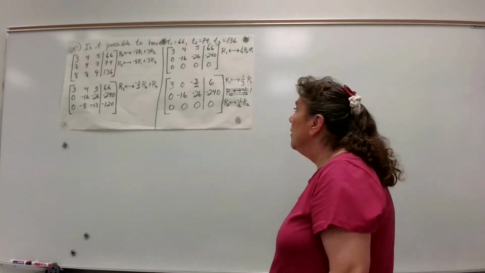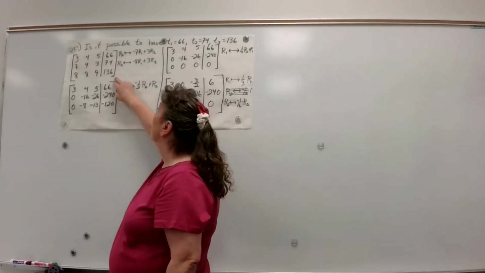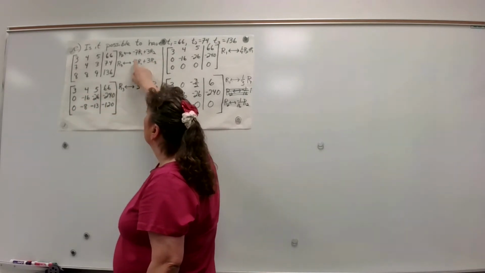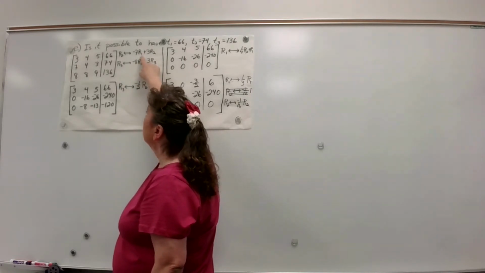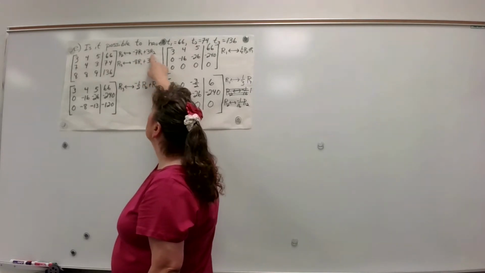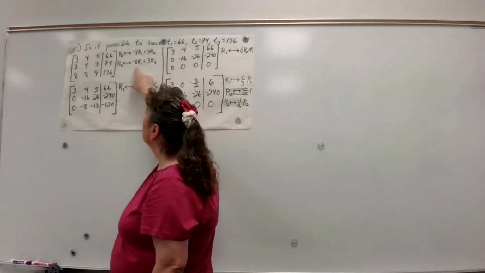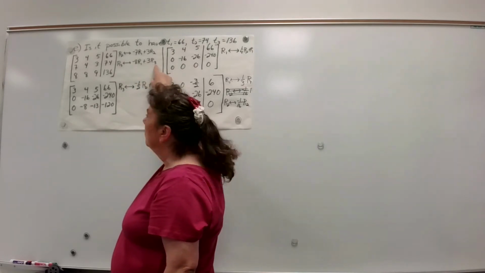Okay, so first of all, we're going to put it into an augmented matrix. Then I'm going to take that augmented matrix and do row 2 is going to be replaced by -7 times row 1 plus 3 times row 2. And then row 3 is going to be replaced by -8 row 1 plus 3 row 3.